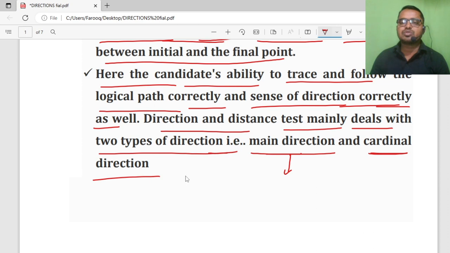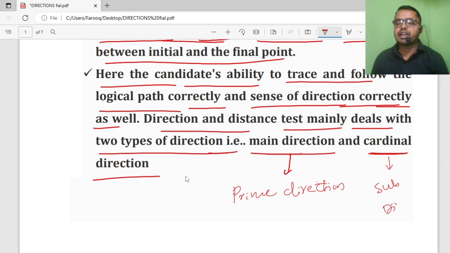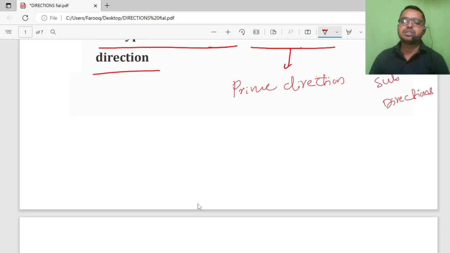Main directions are also called prime directions. मेन डायरेक्शन को हम प्राइम डायरेक्शंस भी बोलते हैं. And cardinal directions are nothing but sub-directions. So let us see what these prime directions, main directions and cardinal directions are, one by one in detail.